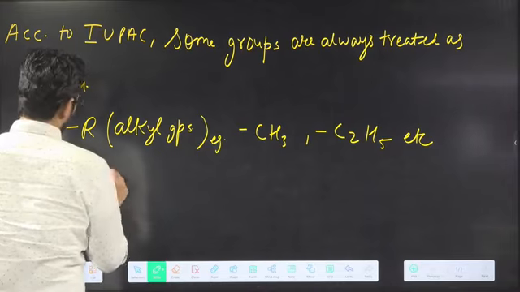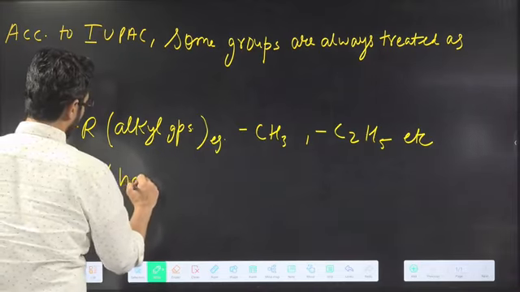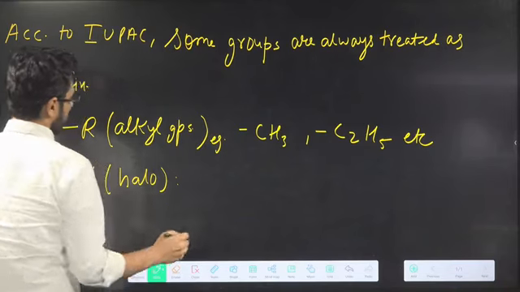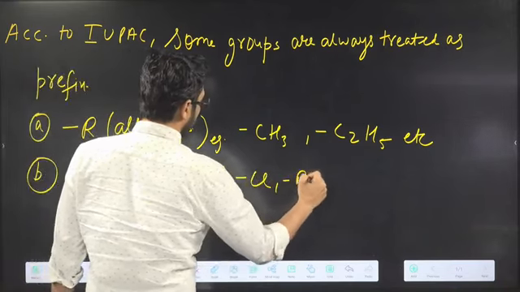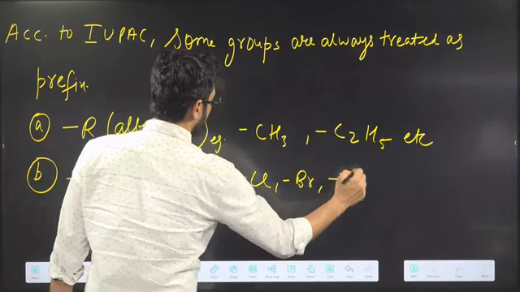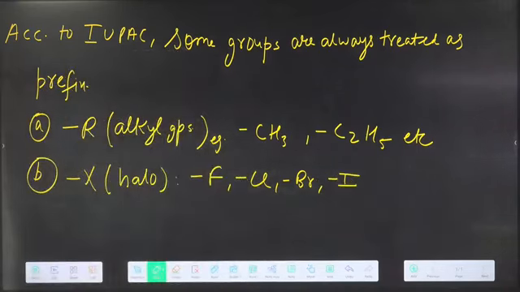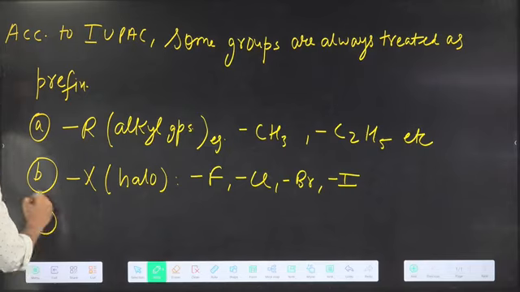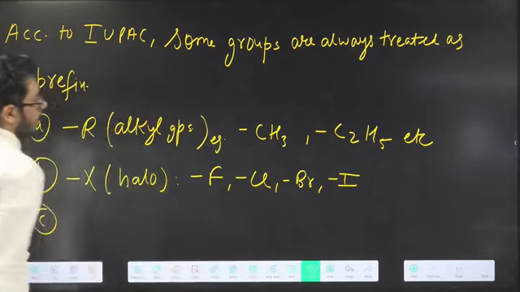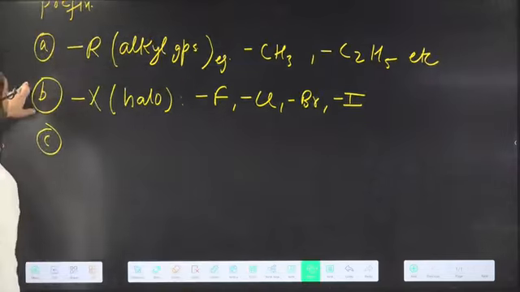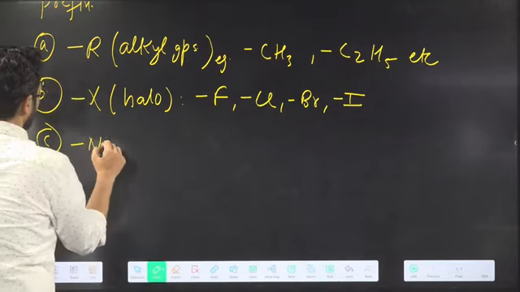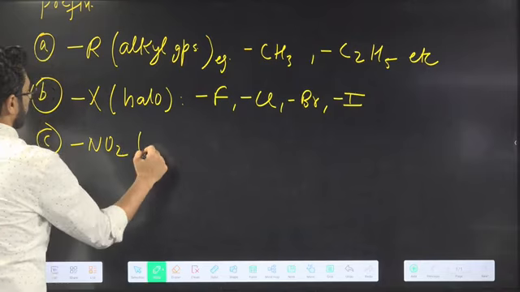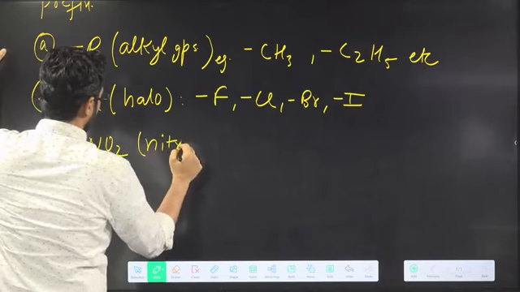Second, halogens. Here they are named as halo groups. It may be fluoro, chloro, bromo, and possibly iodo. Third one is NO2, that is nitro.